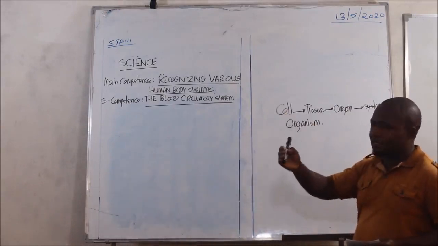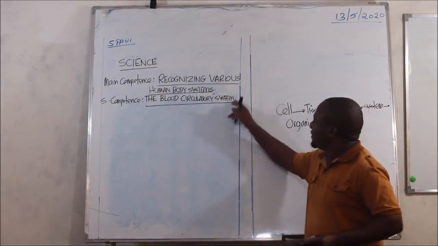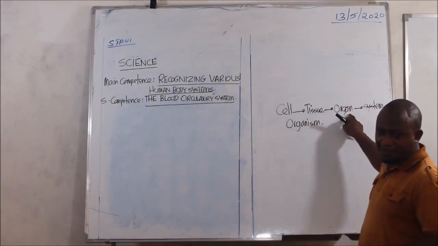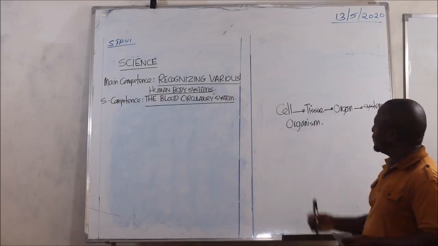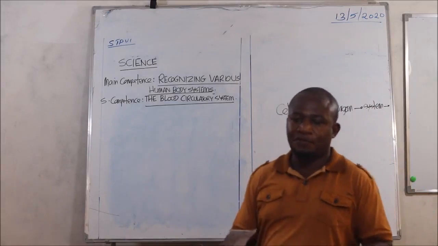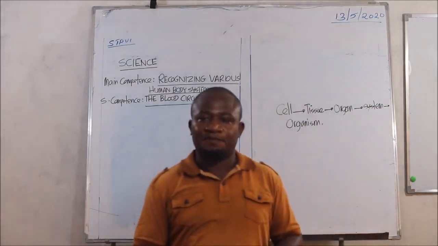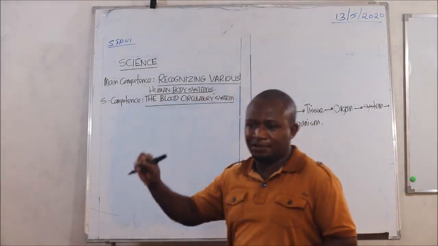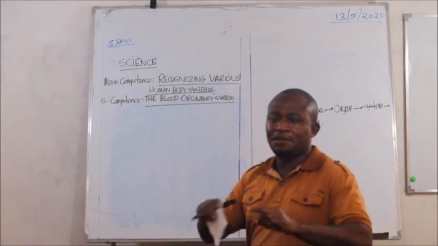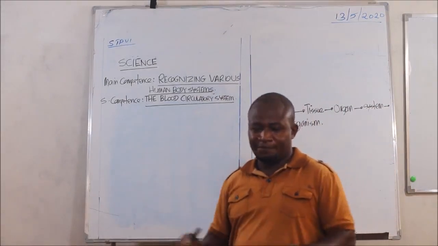And that is why I said the meaning of the word system is a group of organs performing a particular function. So also in the blood circulatory system, we shall look at some organs which perform the function of blood circulation. Now, blood circulation means, very simple concept, movement of blood all over the body.